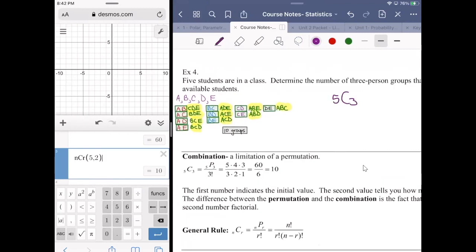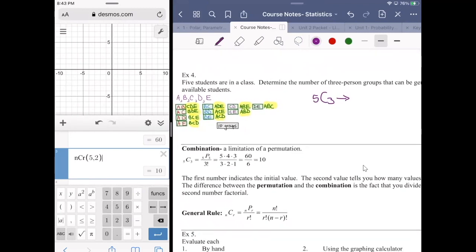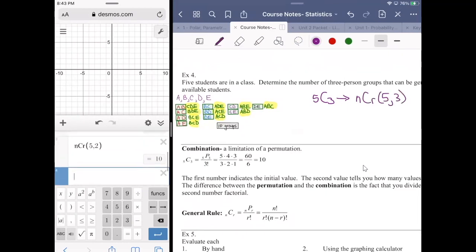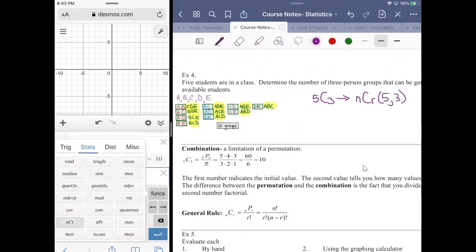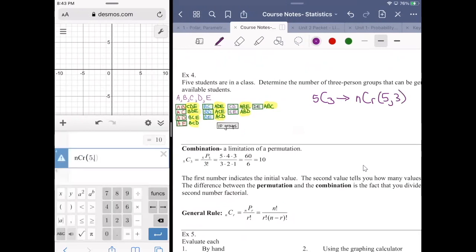So 5C3. In Desmos, that would be nCr(5,3). I'll just keep it there so we have a basis of comparison. Function nCr 5,3. Boom. We got 10.